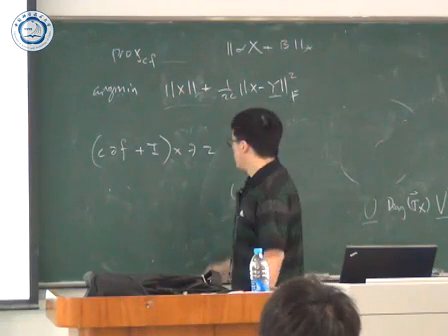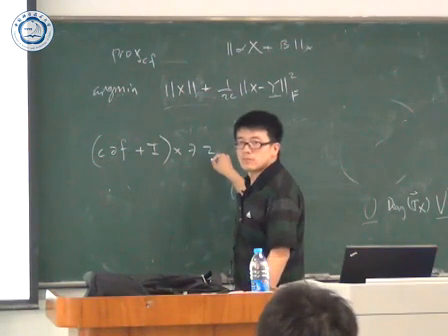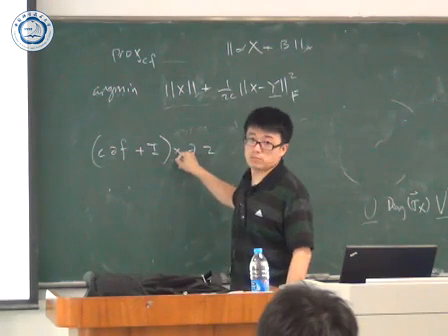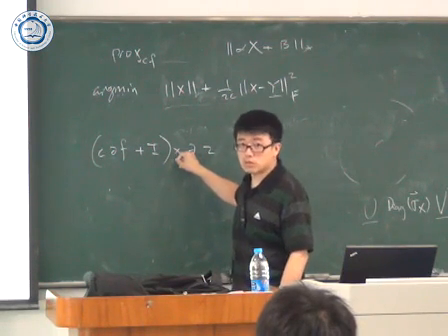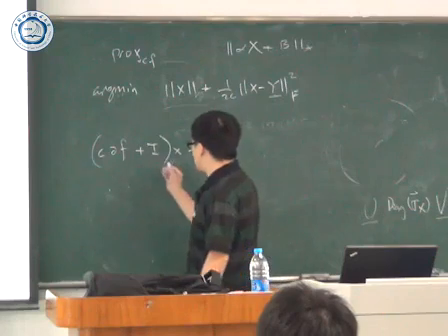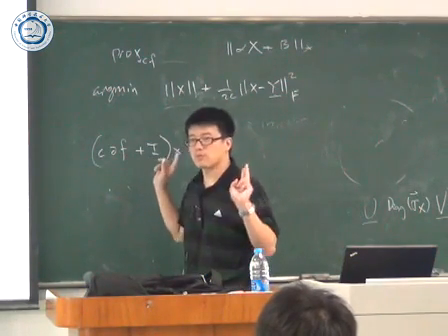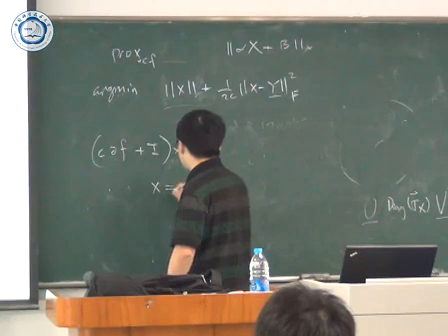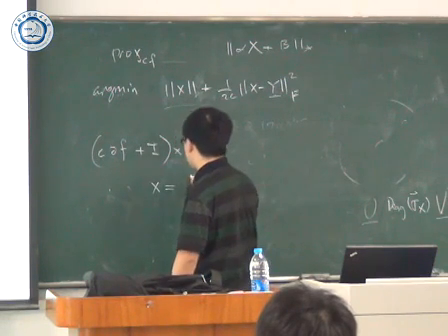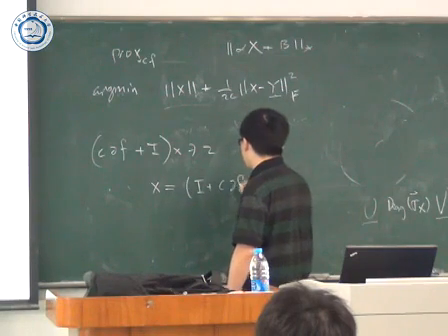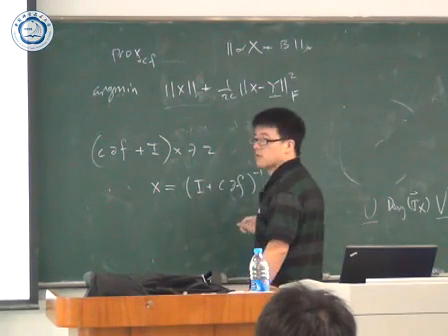I have argued, if you tell me a z and I ask you to recover x, there's only a unique x. The solution is unique. Therefore, when I take the inverse, this inverse is just an operator. So the solution to this equation can be written as identity plus c times partial f, inverse, applied to z.